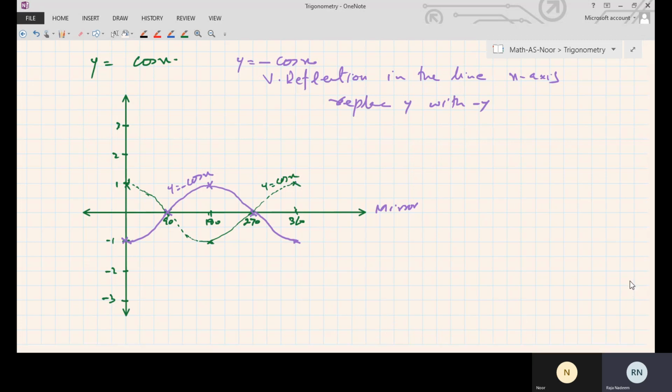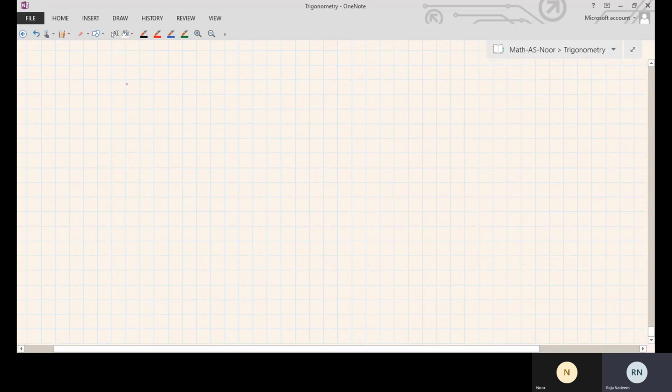So these were the examples of vertical transformations: translation, reflection, or the stretch. Now we consider an example of sine 2x. This would be the example of f of 2x. When any number is multiplying inside the function, we call it a stretch.